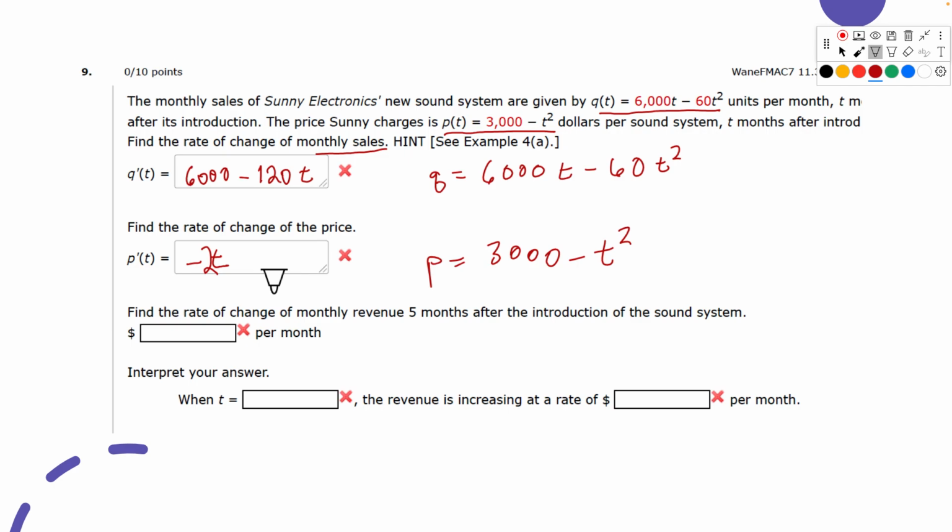And now what do they want? They want revenue. Well, what is revenue? Revenue is price times however many you sell, right? So it's really just P times Q, but they want the rate of change. They don't want just P times Q. They want the derivative of P times Q, right?